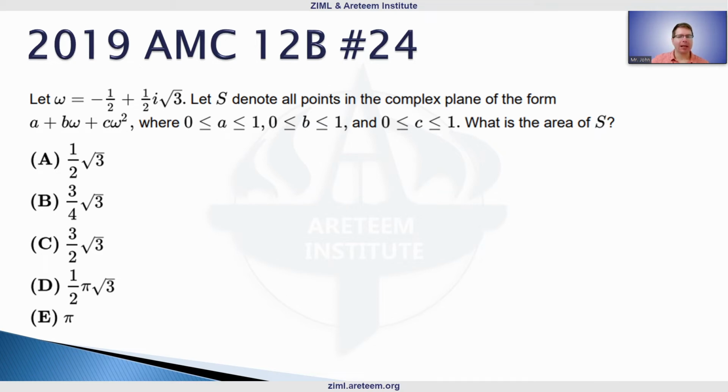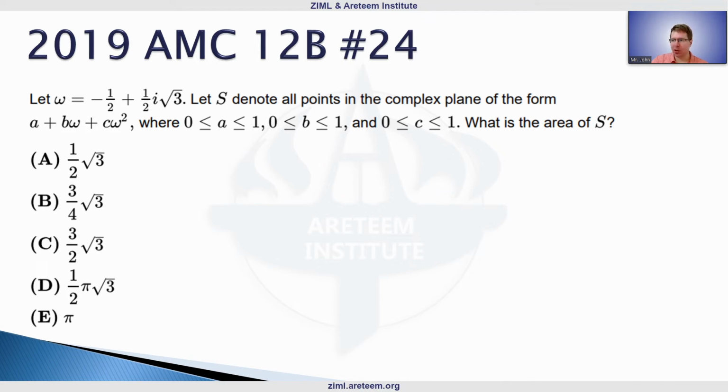Now, a lot of these, especially a question like this, immediately when you read complex numbers on a plane, we're doing squares of stuff, you really want to think about these numbers in polar form.